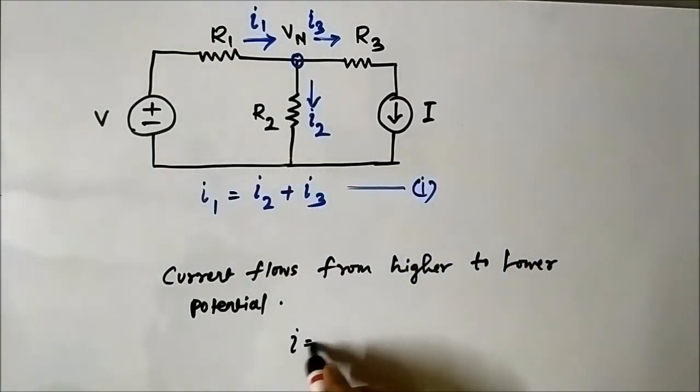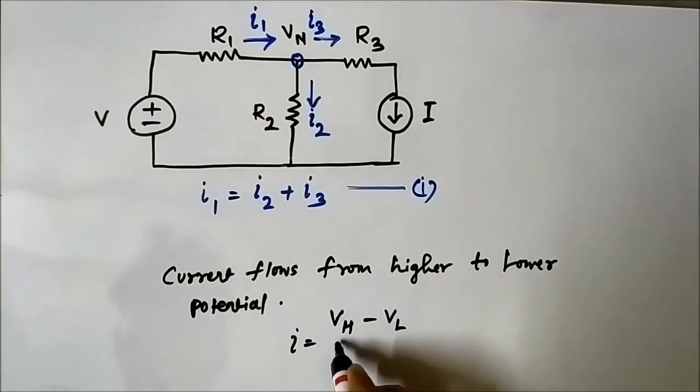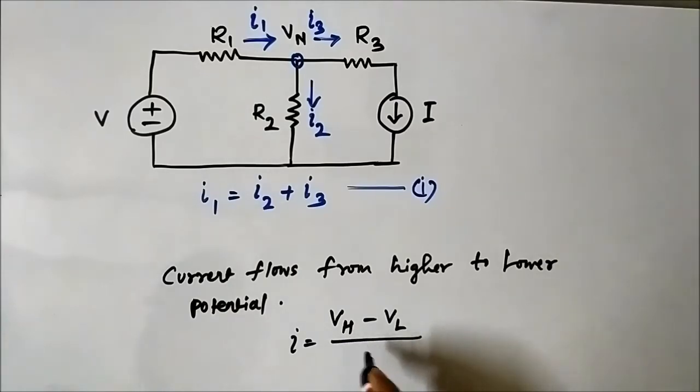So, current is the higher voltage point minus the lower voltage point divided by the circuit element present.